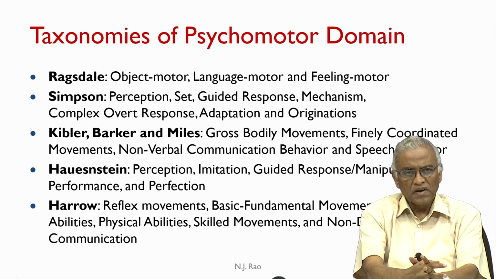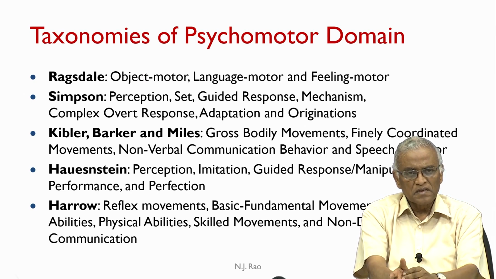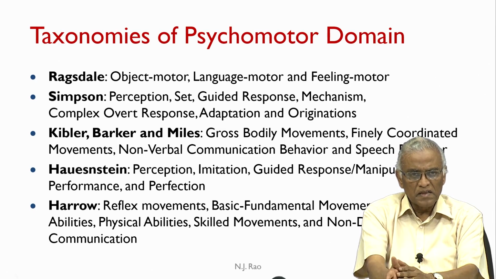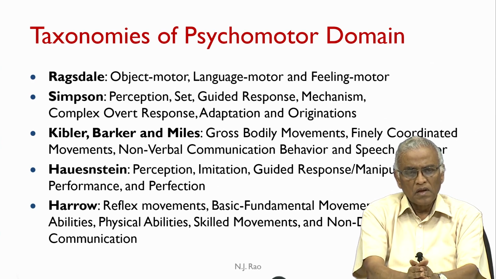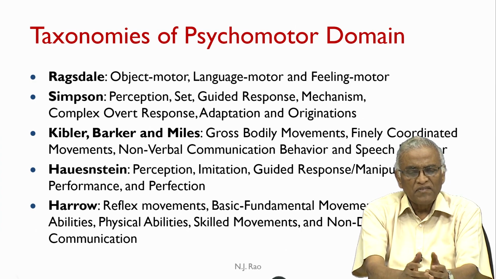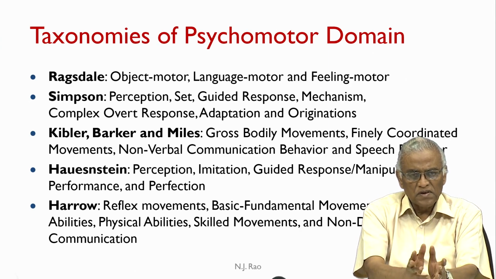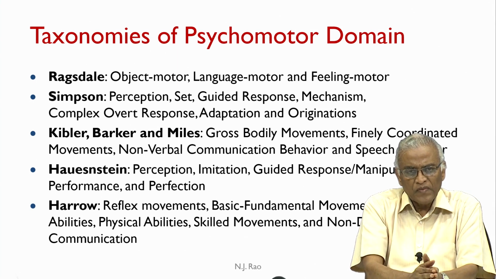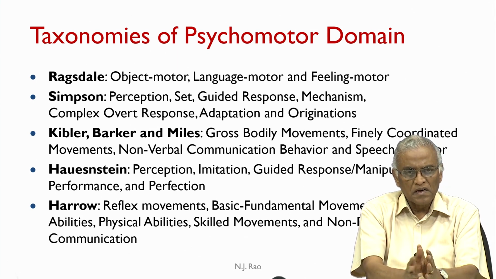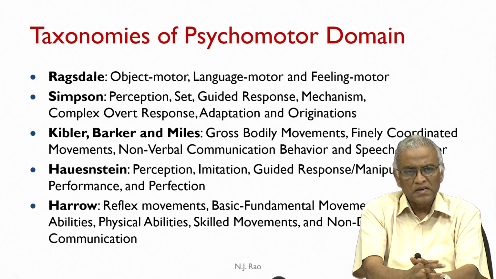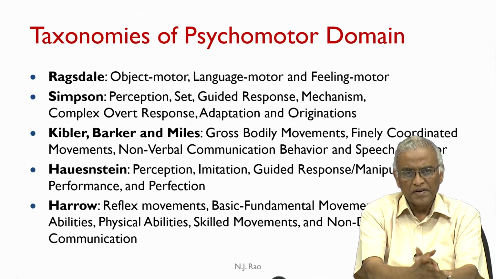One is referred to as Ragsdale, Simpson, Kibler, Barker and Miles, and Hauenstein and Harrow, and here they have given anywhere from 3 levels to 7 levels. So obviously there is not too much agreement or correspondence between all the psychomotor levels that they have defined.